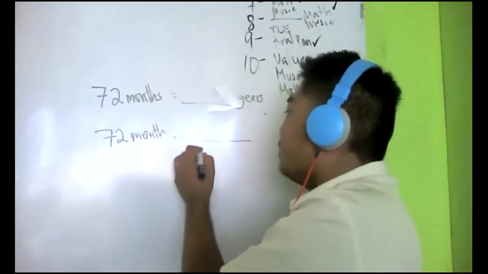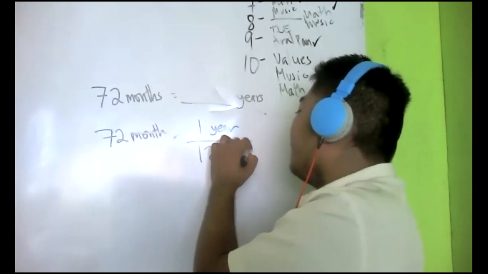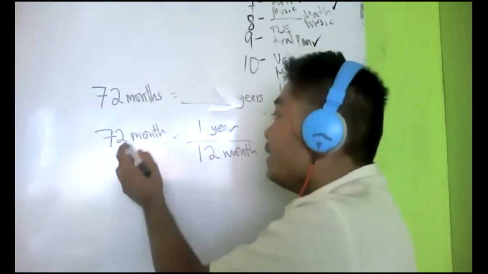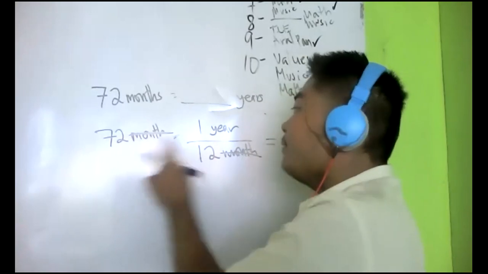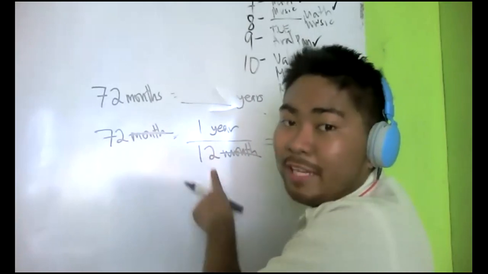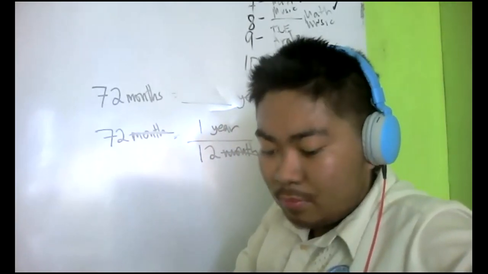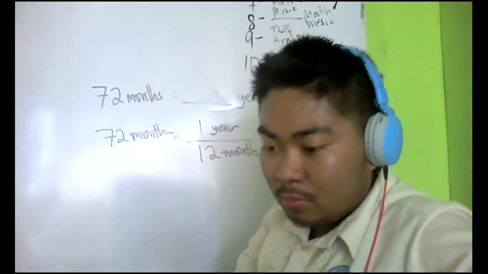If there is 1 year, there are 12 months. So the month goes to the bottom. We cancel month and month. 72 times 1 divided by 12, or 72 divided by 12.